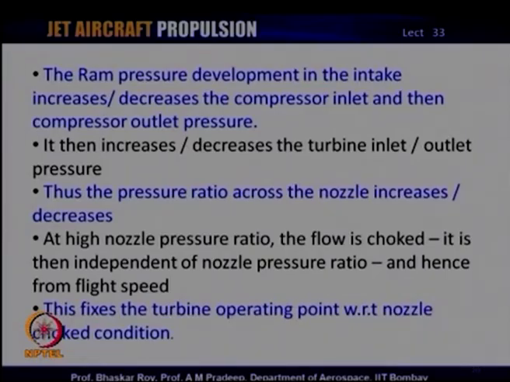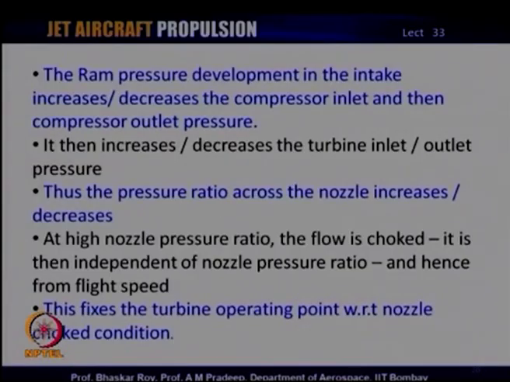Hence, once it is choked, it is independent of the forward speed of the aircraft, and this is what I mentioned earlier in this lecture. Most engine designers would like to design in such a manner that for most of the operation of the flight, the nozzle is operating in choked flow condition, which means the nozzle is independent of the flight speed of the aircraft.